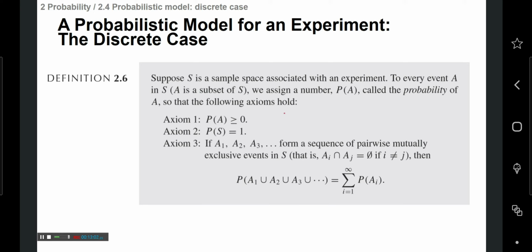If we assume a fair die, then every simple event E1 to E6 would be equally likely. Then it would be reasonable to assign the probability of Ei as 1 over 6.